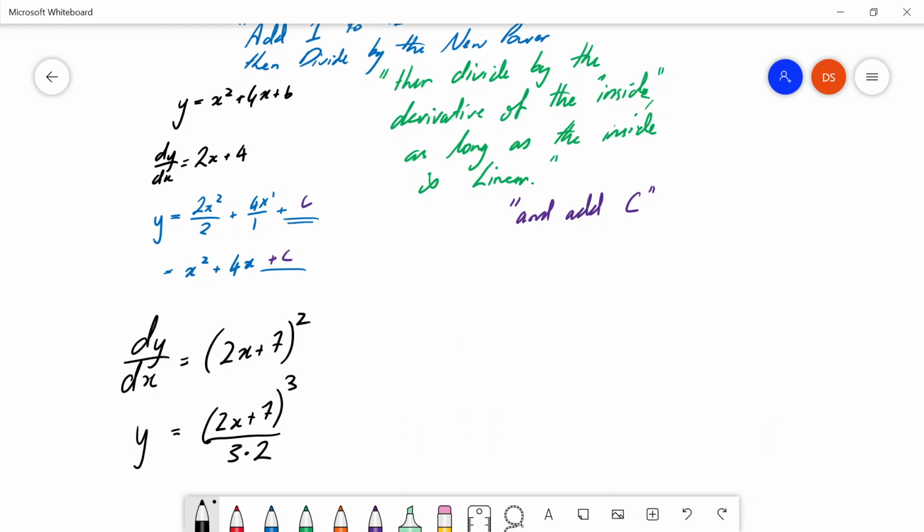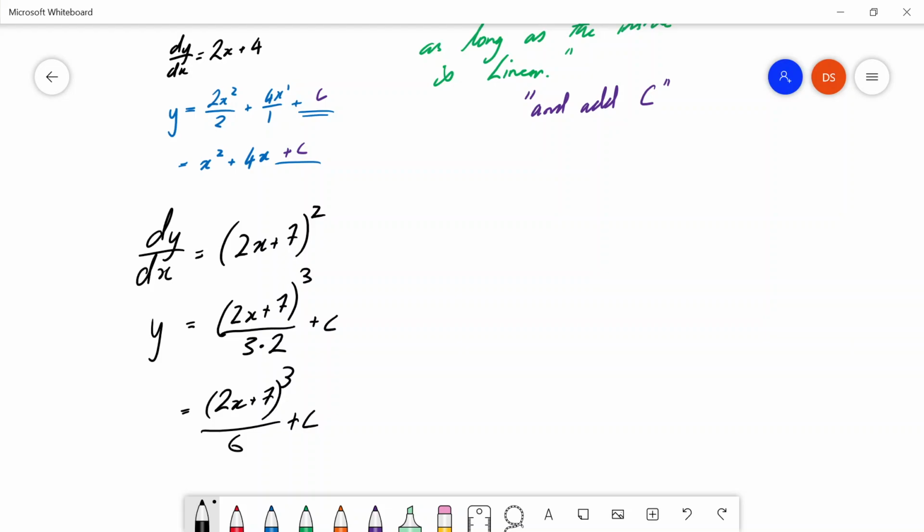And then we've got to do this plus c. So the answer here is (2x plus 7) all to the 3 over 6 plus c. So that's how you integrate things with brackets. This is called the bracket rule of integration.